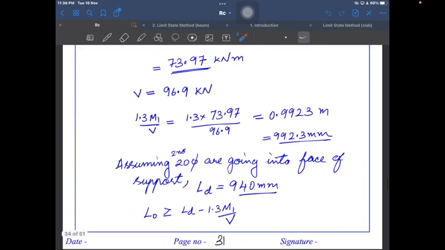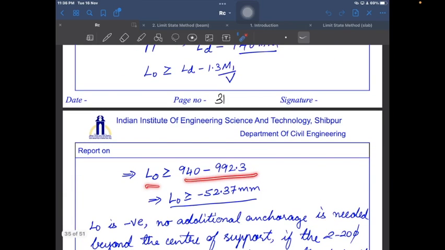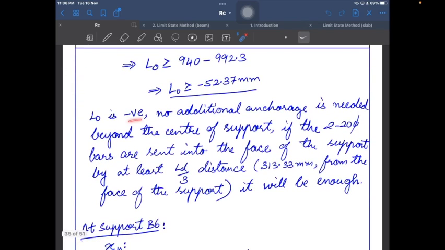So L0 should be greater than this, and we got L0 as negative 52.37. As L0 is negative, no additional anchorage is needed beyond center of support. If we are sending 2 20 bars inside, that is more than enough. No additional L0 is needed based on this formula.